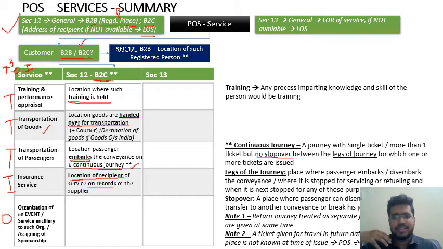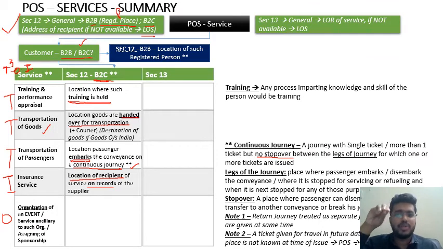Your permanent address is in Chennai, but you're working in Bangalore, and for taking the insurance, you are giving the address of Bangalore, right? You have taken a house on rent or so, and you are giving your Bangalore address to the insurance company. If that is the situation, then the place of supply will be Bangalore.